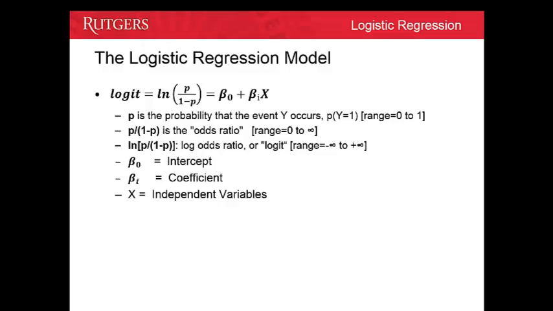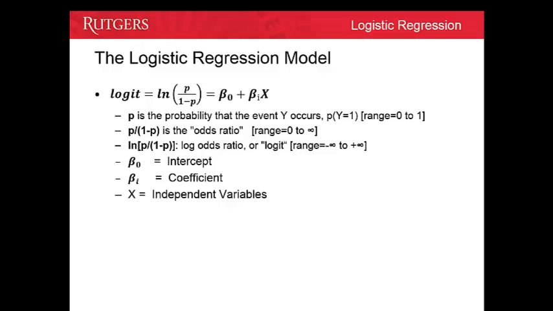So, as we can see here, the logit is the natural log of p over 1 minus p. P is the probability that an event occurs, for example, that the transaction is fraudulent, and 1 minus p is the probability that it would not occur.